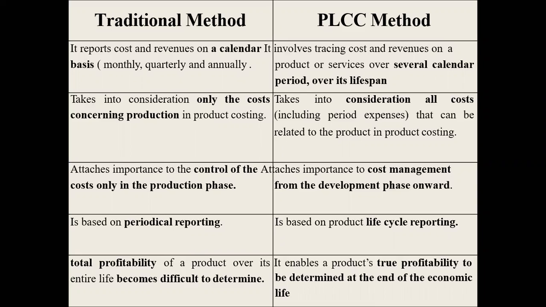This is the traditional method. The traditional method gives a report of just cost and revenue. So what is the expenditure and what is the revenue on a calendar basis, that means monthly, quarterly, semi-annually or annually.